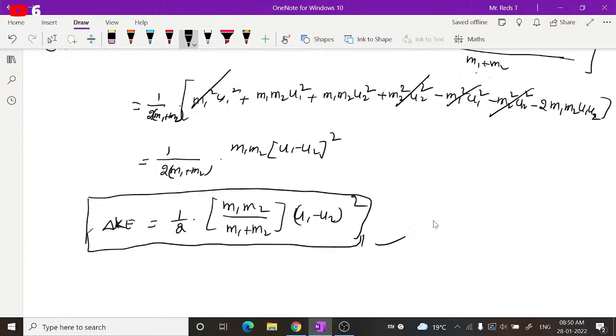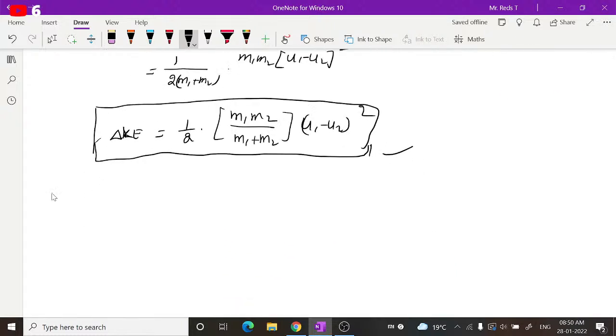Whereas here itself, write down one more additional point as a note.